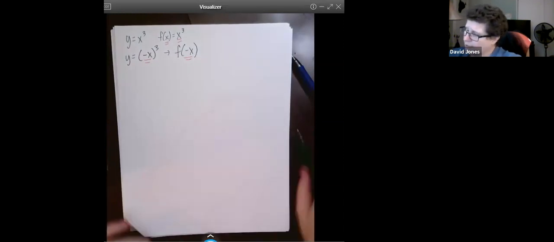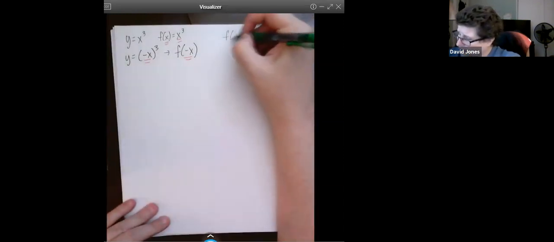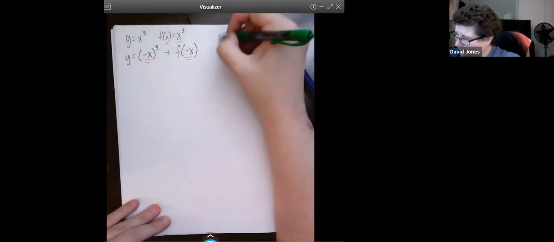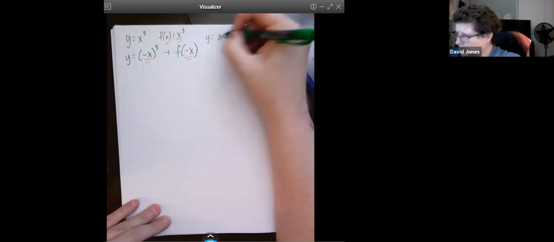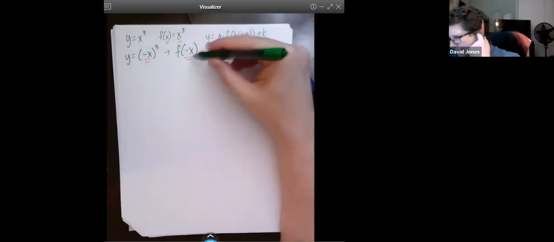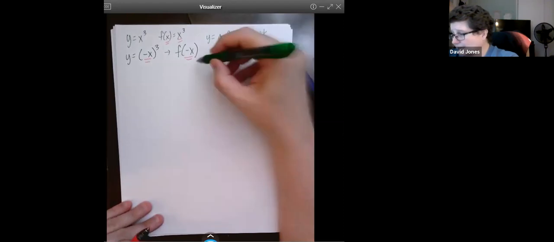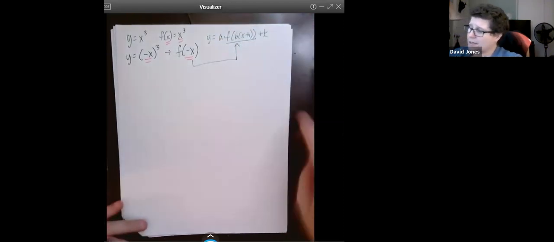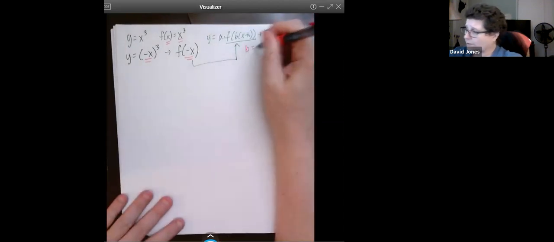So when we were looking at a times f of b times (x minus h) plus k, the negative sign is inside. It's multiplying by the x, so it's got to be the b. b is negative 1.